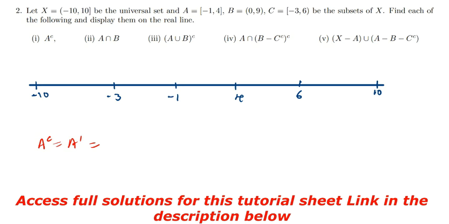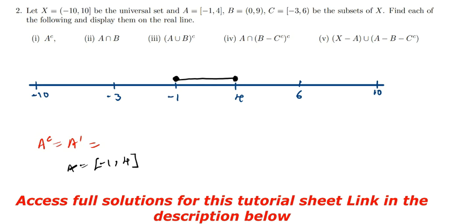For A, we have elements starting from negative 1, included, all the way up to 4. So you are starting from here all the way up to 4. Both are closed because both of them are included. So it will be closed at both negative 1 and 4. So that is A. But the question is not asking us to find A, it's asking us to find A complement.